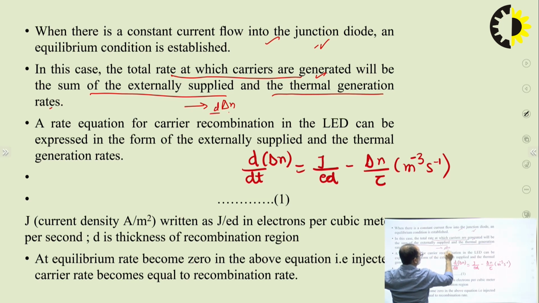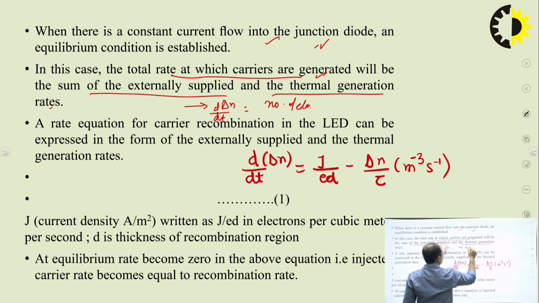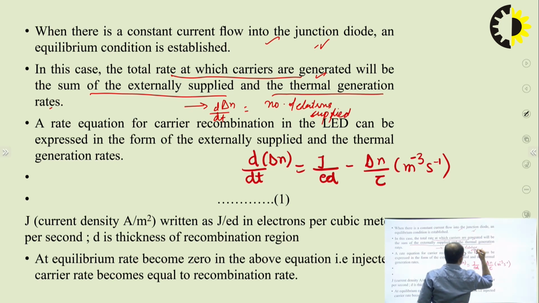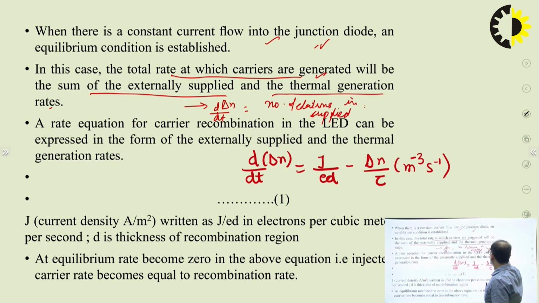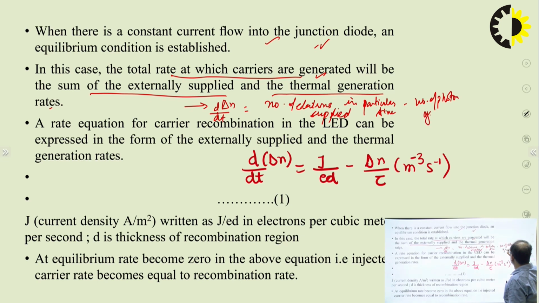The rate at which the electrons are left should be equal to the number of electrons we are supplying in a particular time, or in a second, minus the number of photons generated, or you can say the thermal generation rate per second.